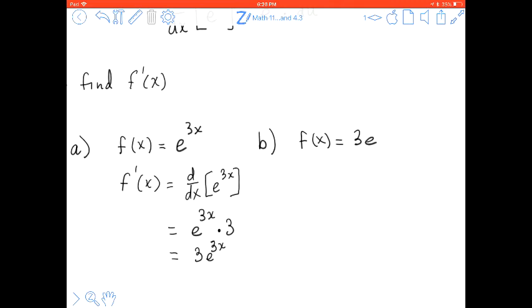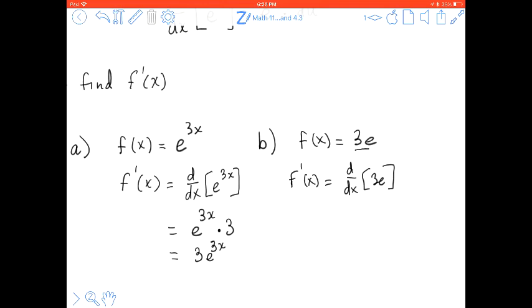Now for part B, the derivative, this one's kind of a trick question. You need to go back and remember one of the very first properties of derivatives we learned back in chapter 2, that the derivative of a constant is 0.